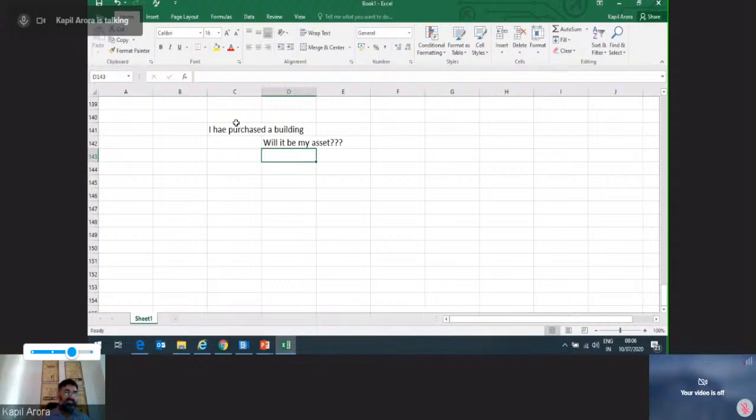Now, coming back to this, I have purchased a building. Will this building be treated as property, plant and equipment or not?